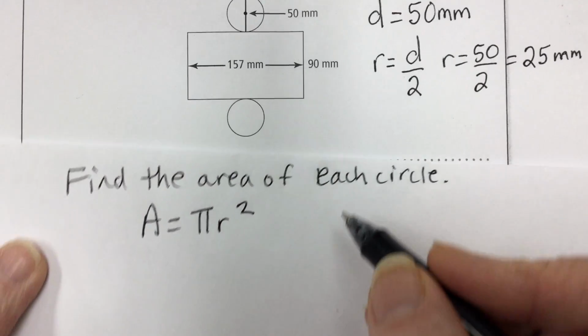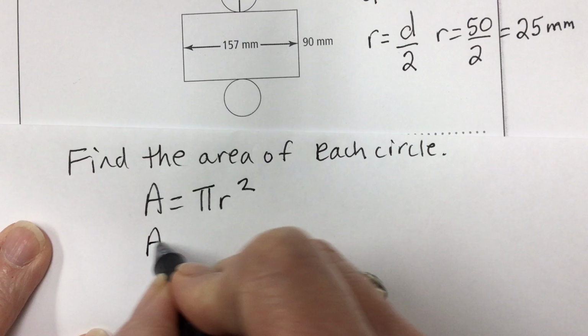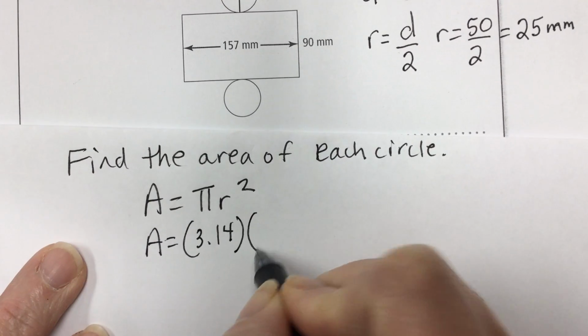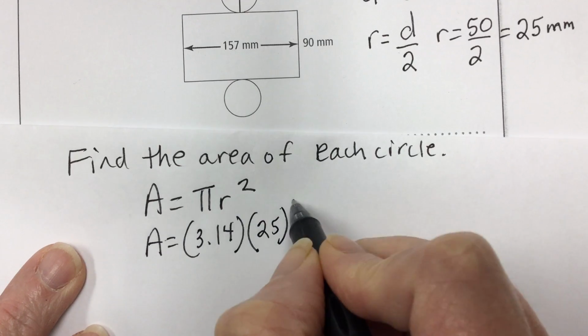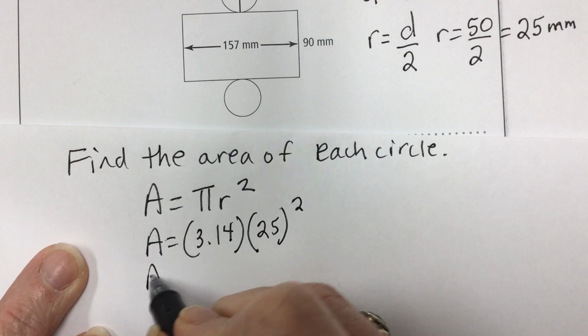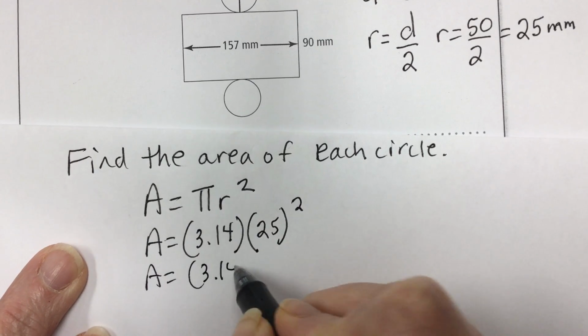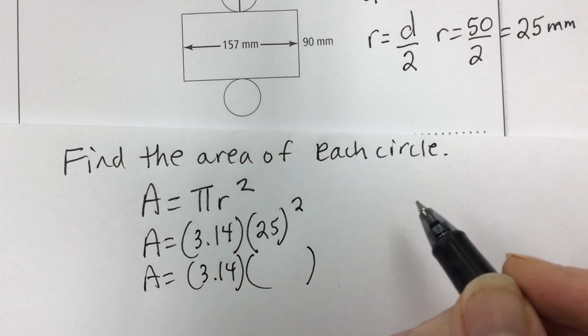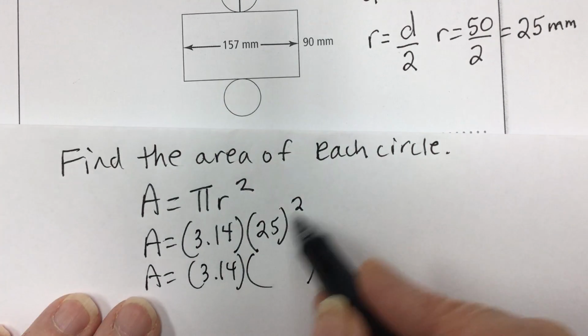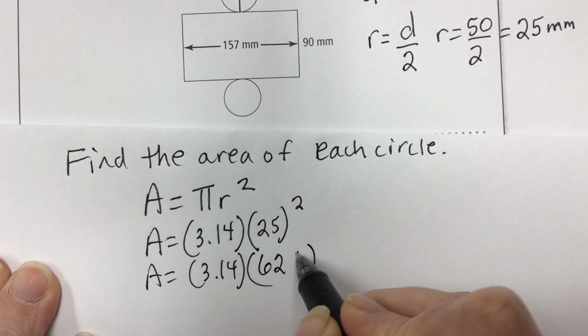So to find my area, I will have area is equal to 3.14 times r, which is 25, squared. You can punch this in your calculator. Area is equal to 3.14 times 25 times 25. We do exponents first. 25 times 25 is 625.